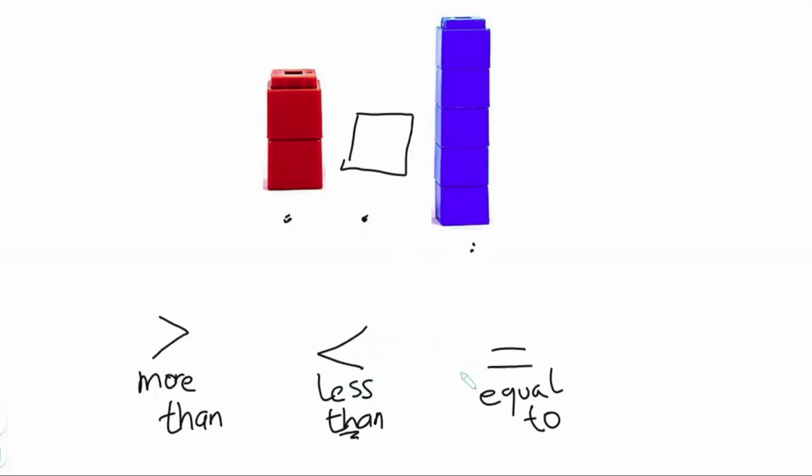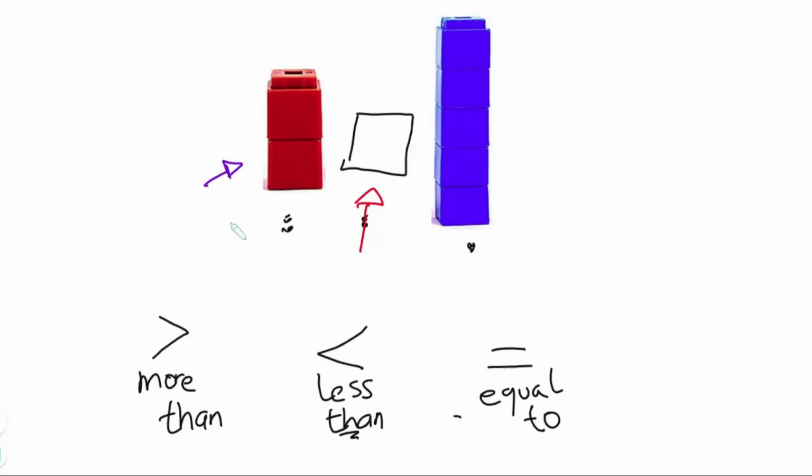And if we pop the equal to symbol in the middle, it would mean that one object is the same as or equal to the next object. So let's find out which symbol we need to pop in the middle. But the first thing we need to do is count how many blocks we have on each side. Are you ready to count with me?